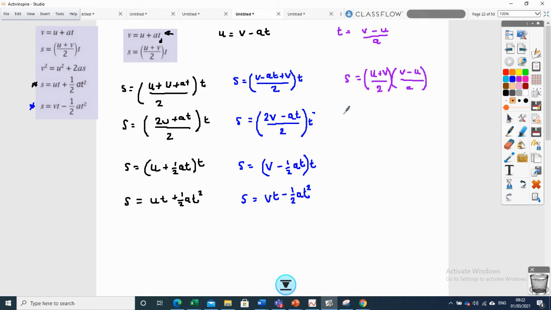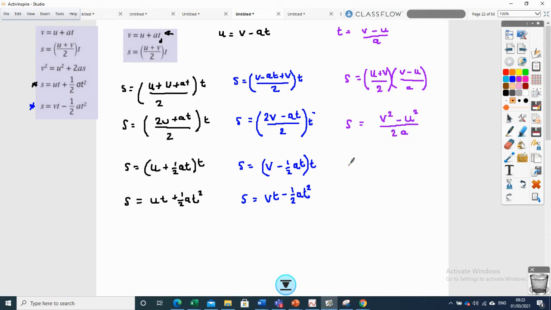Then we're going to multiply the two brackets together. To separate the numerator and the denominator, the numerator is u plus v multiplied by v minus u. That's a difference of two squares. So it's going to be v squared minus u squared, and on the bottom we've got 2a.